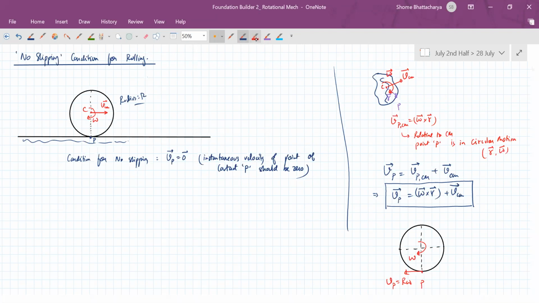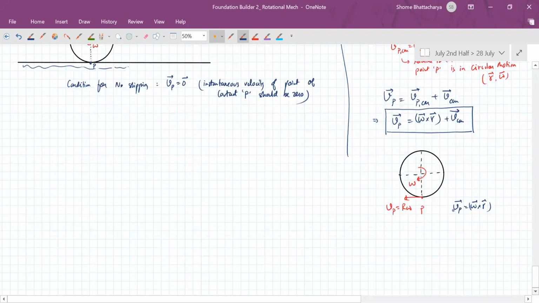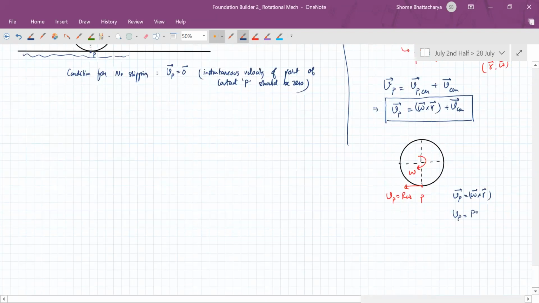So you would have seen here that the velocity of the point P would have just been omega cross r, so the magnitude would have become r omega, and the direction backwards in this particular case, if it was only rotating.